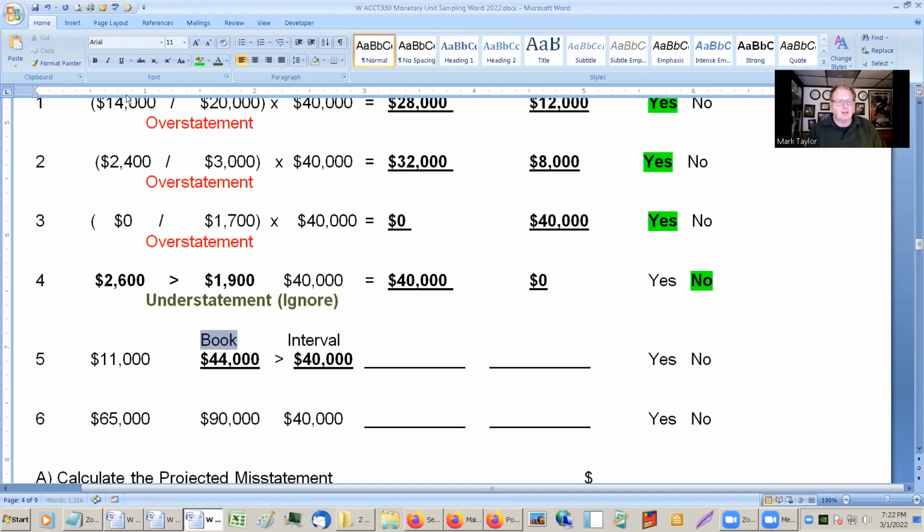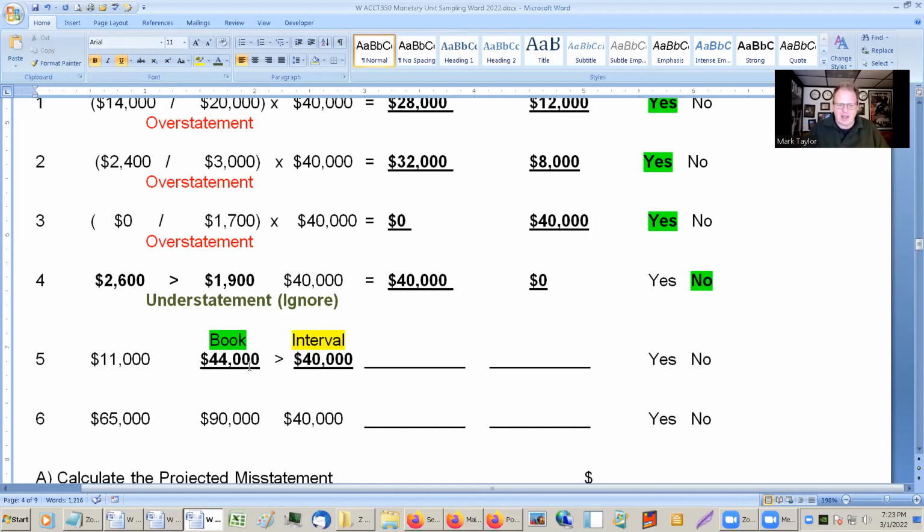So here's the book, and here's the interval. Notice the book value is higher than the interval. This is one of those we talked about, that it's guaranteed to get picked. If the book amount is bigger than the interval, you're guaranteed that you are going to pick this item. It's 100% guaranteed.